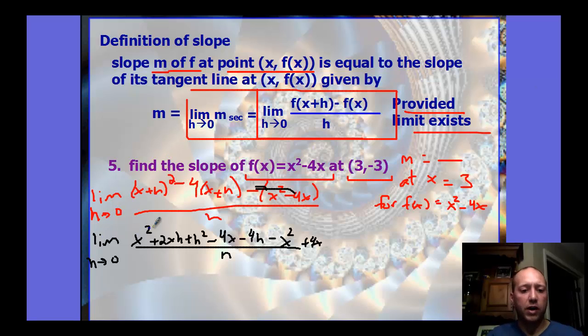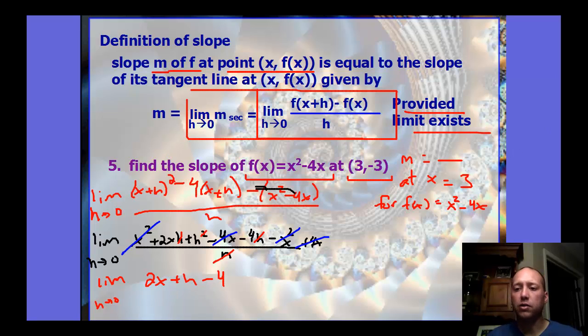Let's simplify our numerator. So we have an x squared here and a minus x squared, that's 0. We have a minus 4x and a plus 4x, which is 0. So now everything left over just has h's. So let's reduce that. This h reduces with one of these h's, one of those, and that h. So we're given the limit as h approaches 0 of what's left over, which is 2x plus h minus 4.